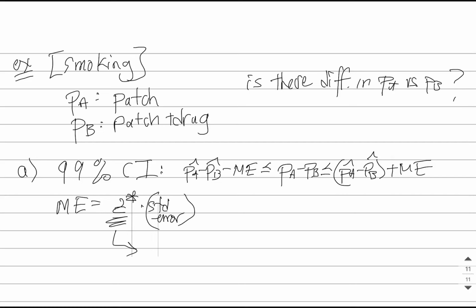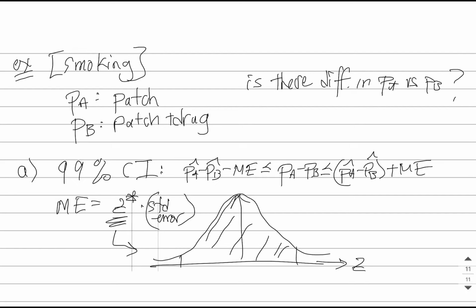This critical value comes from the standard normal distribution. And it says, okay, if I want a 99% confidence interval, then this area has to be 0.99. That means there's 1% to share in each tail, so this is 0.005.